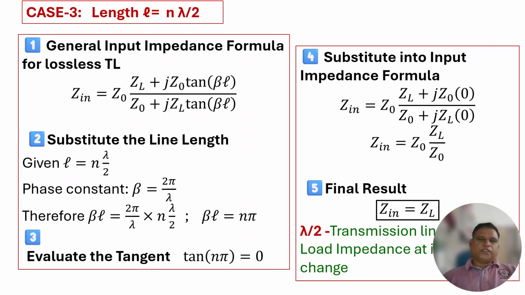By substituting this into the input impedance formula, since this value is 0, Zin is equal to Z0 into ZL by Z0. Therefore, for length L equal to n into lambda by 2, the input impedance is equal to the load impedance.